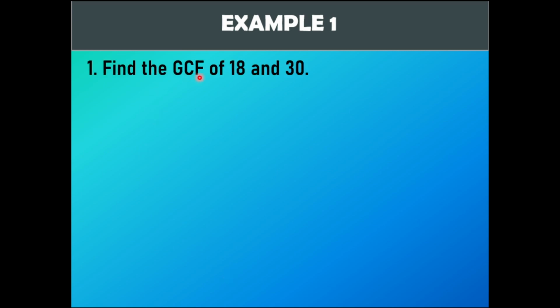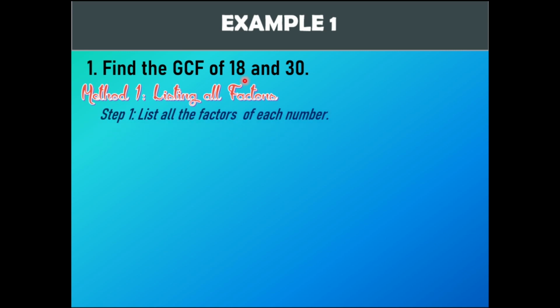Find the GCF of 18 and 30. There are two methods in finding the GCF of two or more numbers. Method number 1 is to list all the factors of each number. Step 1. List all the factors of each number.